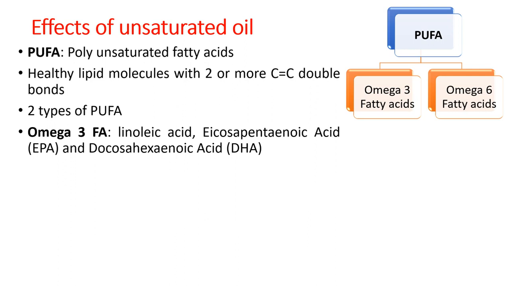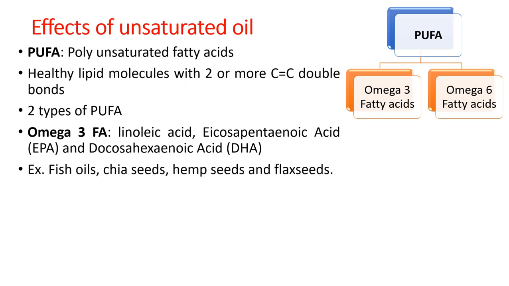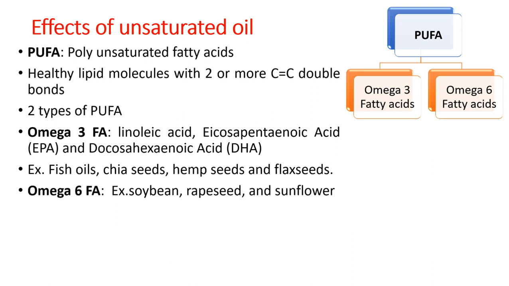These omega-3 fatty acids are majorly found in fish oils, chia seed oil, hemp seed oil, and flaxseed oil. Further, omega-6 fatty acid is found majorly in soybean oil, rapeseed oil, and sunflower oil.